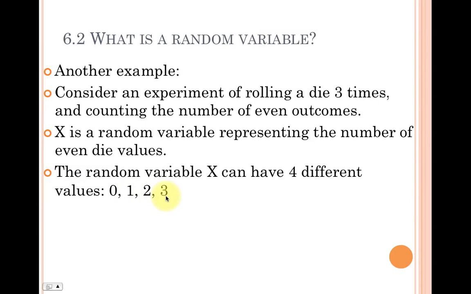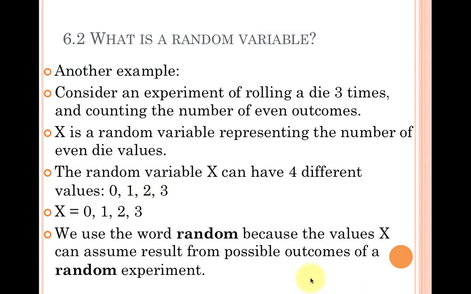They could all be even. You're rolling the die 3 times, so none of them could be even, or all 3 of them could be even, or you could get 1 or 2 of them even. So the possible values of x are 0, 1, 2, and 3, where x represents the number of even die values. So x equals 0, 1, 2, and 3.